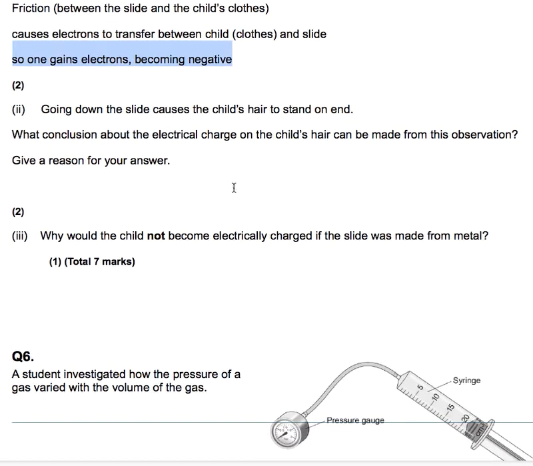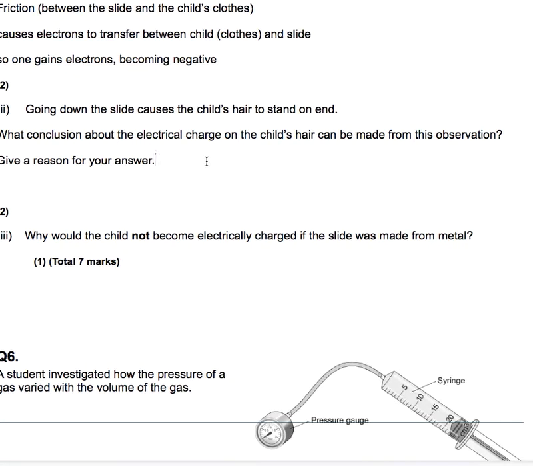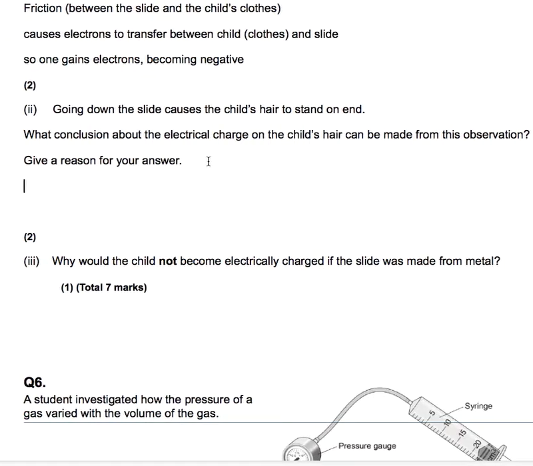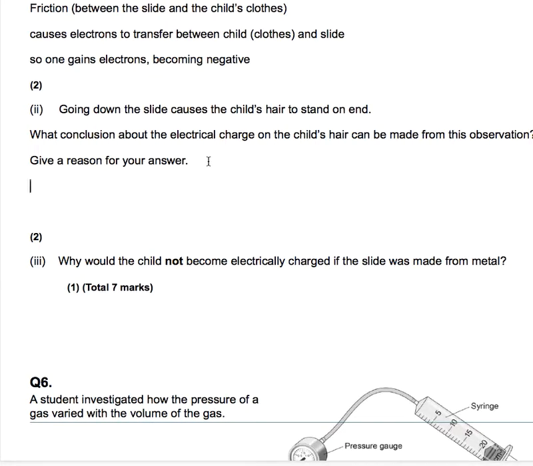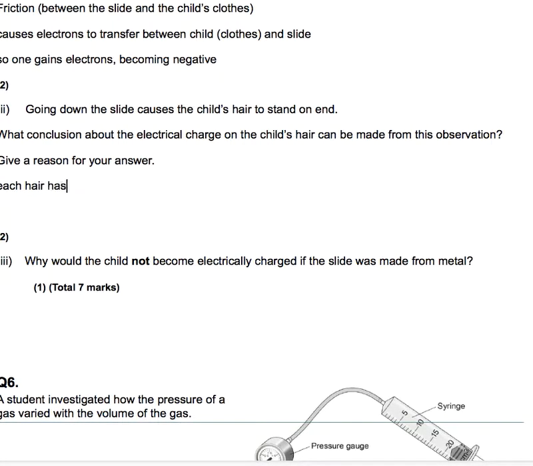So, going down the slide causes the child's hair to stand on end. What conclusion about the electrical charge on the child's hair can be made from this observation? Well, if they are standing on end, the hairs are repelling each other. So each hair must have the same charge.